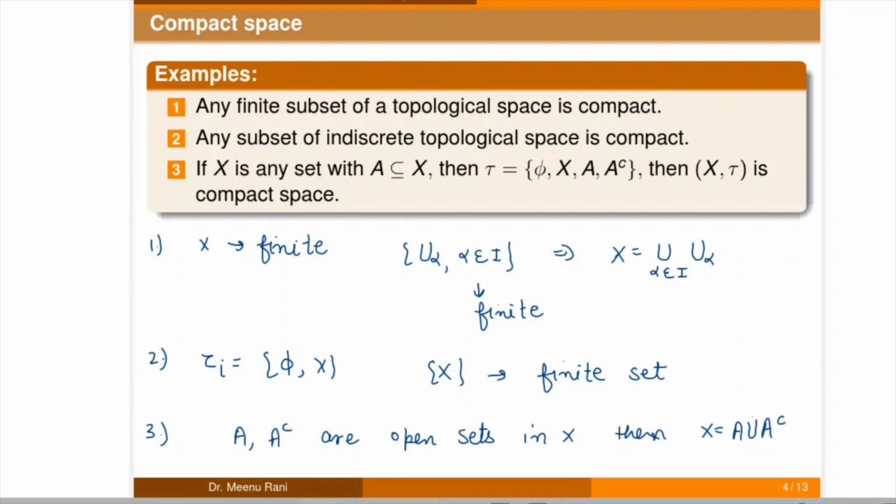So both are open sets which cover X, and these are finite because it contains A and A complement. So this open cover of X reduces to a finite subcover because it contains only two members. So it is a finite collection of open sets which covers X, so that X is a compact space.